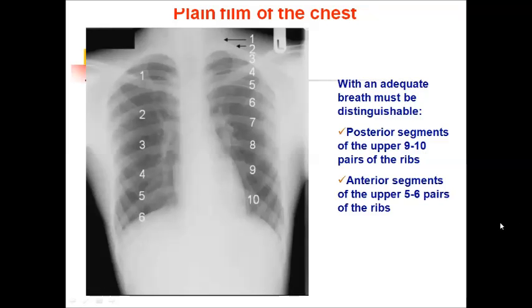With adequate inspiration, the posterior segments of the upper 9-10 pairs of ribs and the anterior segments of the upper 5-6 pairs of ribs must be distinguishable. All of them are shown, and at home please stop at this slide and look through this picture more attentively.